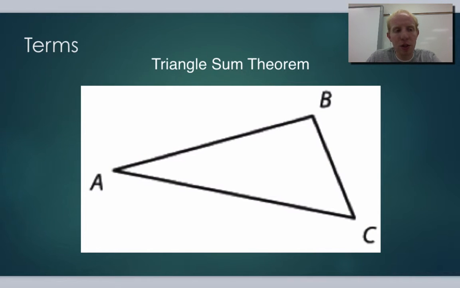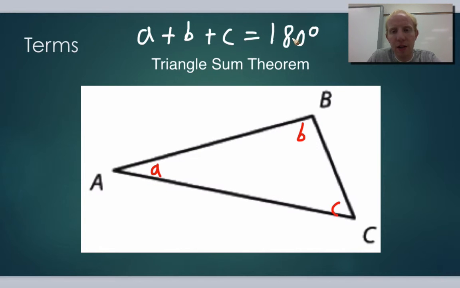We showed how we got this in class, but the idea is, if I add up these different angles, the angle measure of A, the angle measure of B, and the angle measure of C, which I'll write with little letters so we can see it, the theorem says that the measures of A, B, and C will all add up to 180 degrees.